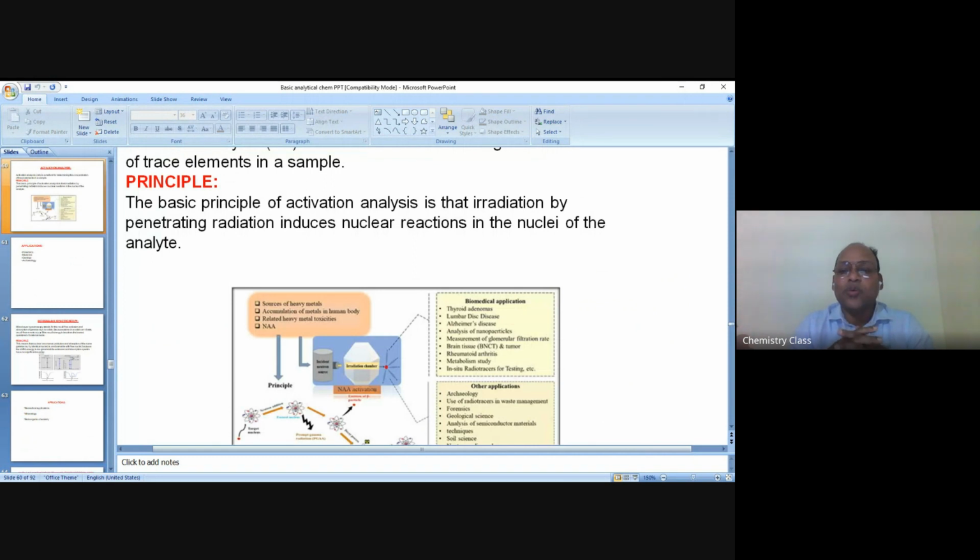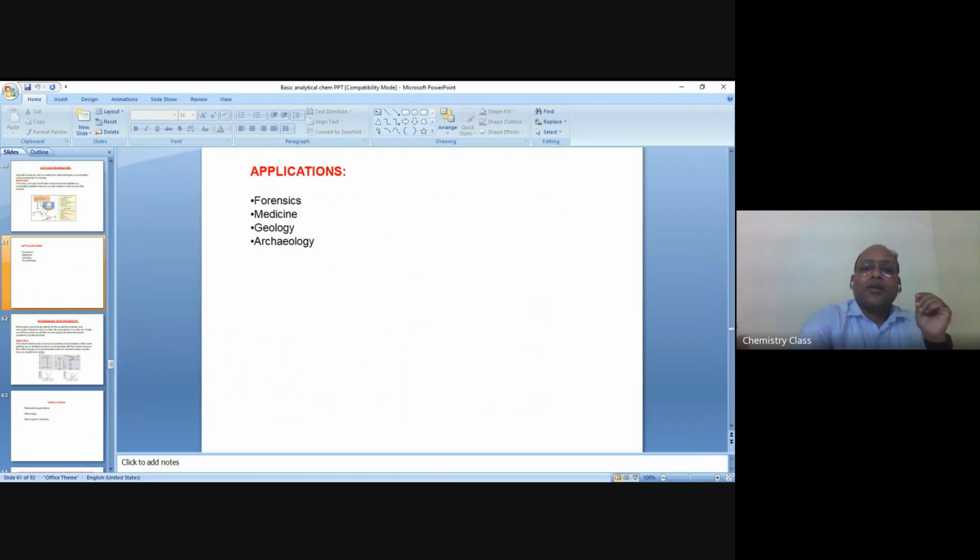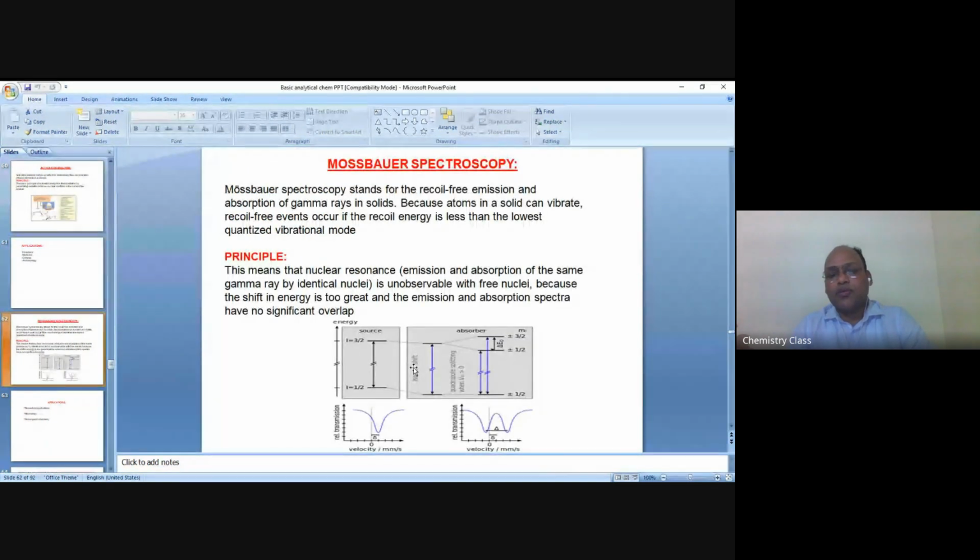Then, what is the application of activation analysis? In forensic science, medicine, geology and archaeology, in all these areas we can use activation analysis and do our work.